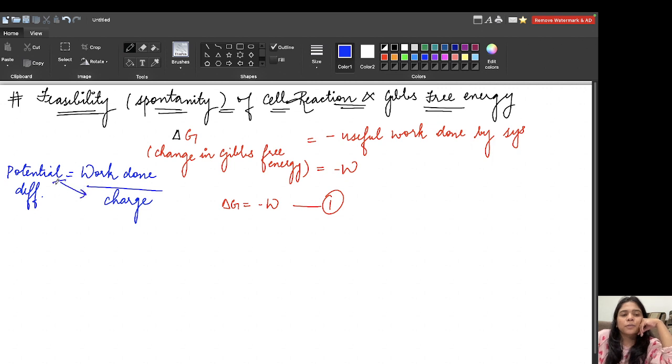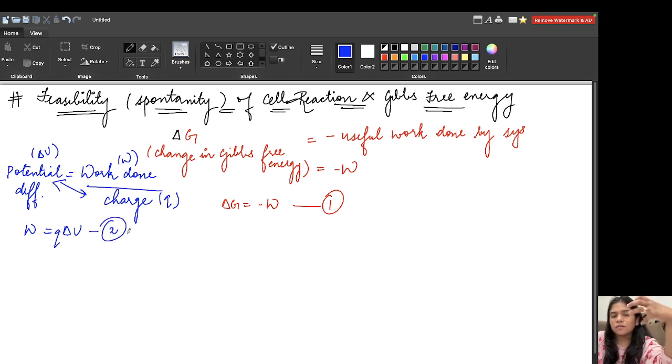Just cross multiply potential difference into charge. Potential difference is usually represented by U and charge is represented by Q, and W is your work done. So here I'll be getting W is equal to delta U into Q. So let's name this as second.